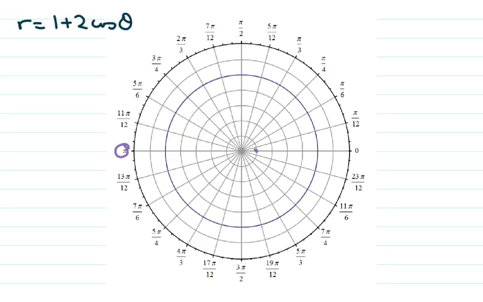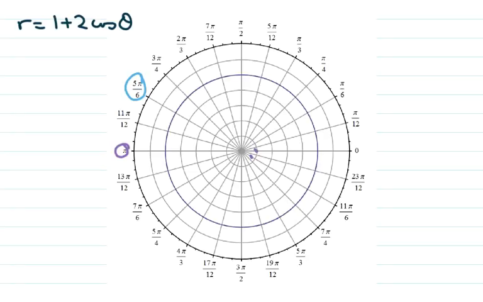And then we have 5 pi over 6, which is right here. That's going negative as well, so it's going to be on this side, a little less than 1. Right about there, very close to negative 1.